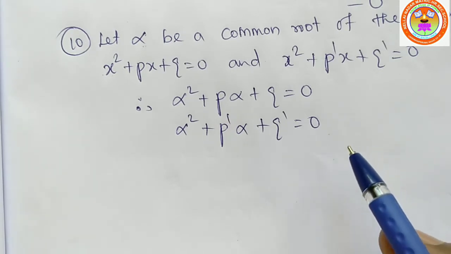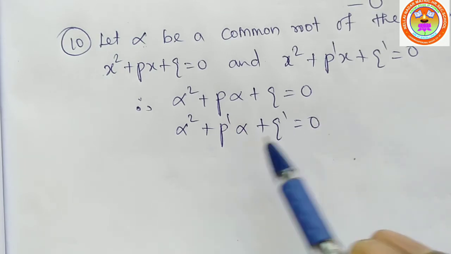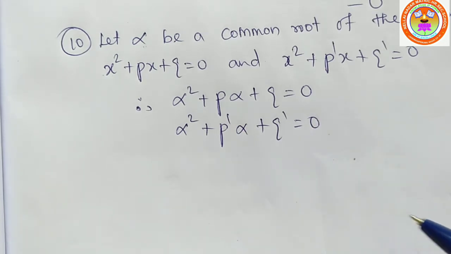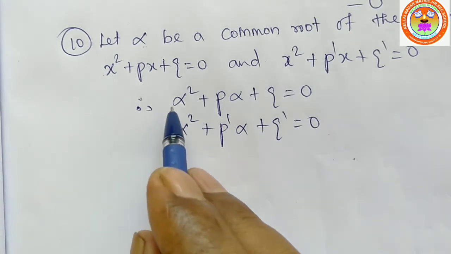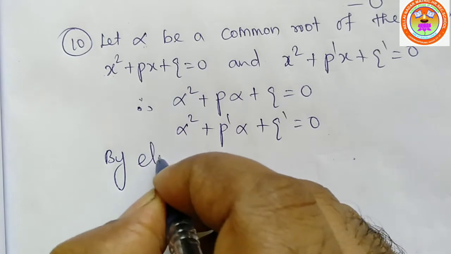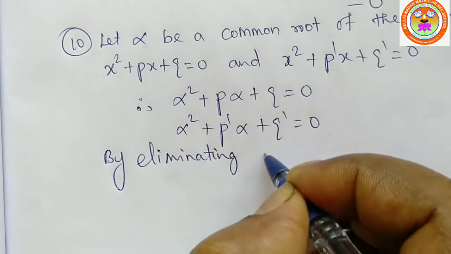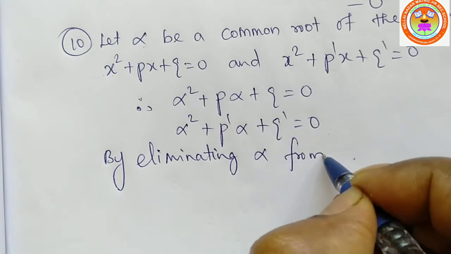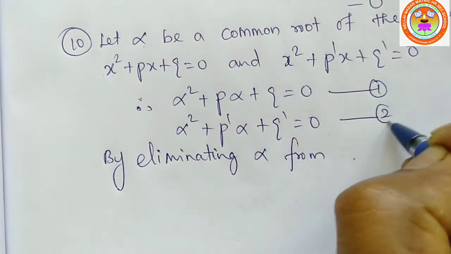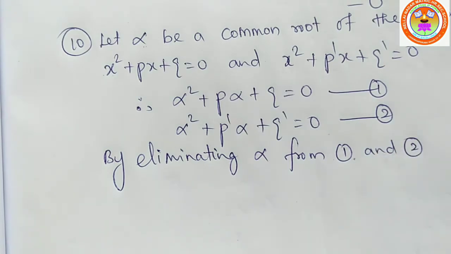In class 10, we studied the cross multiplication method. So by eliminating alpha from equations 1 and 2, we are going to use the cross multiplication method.